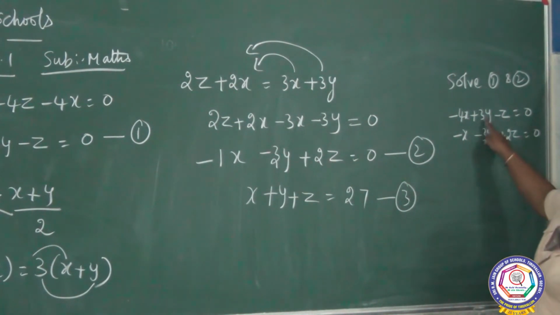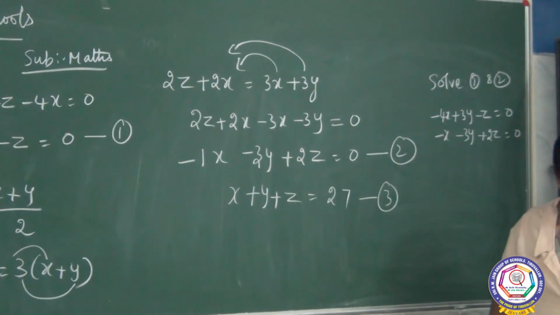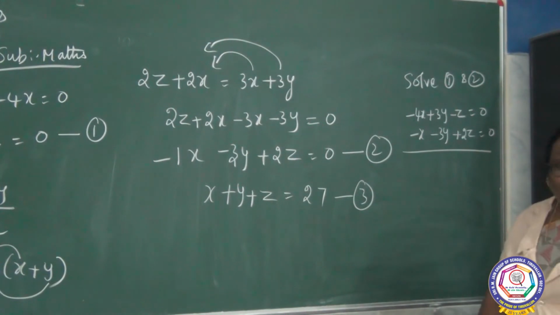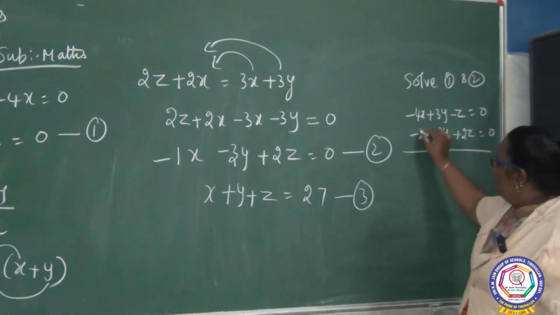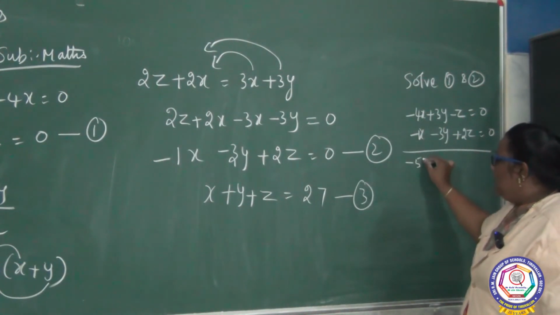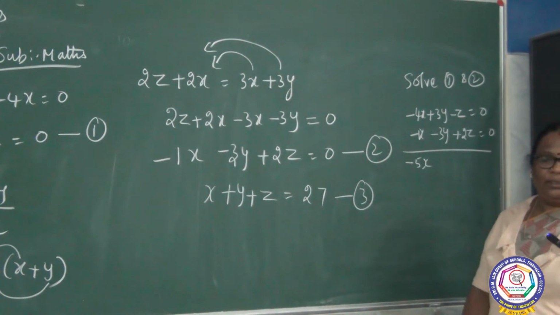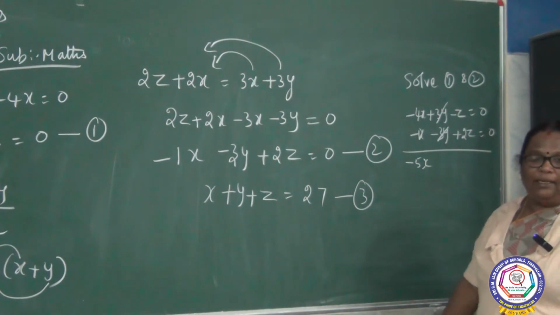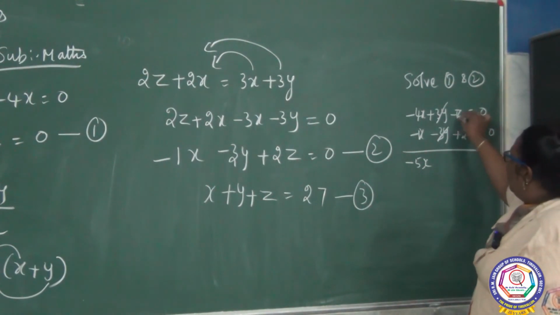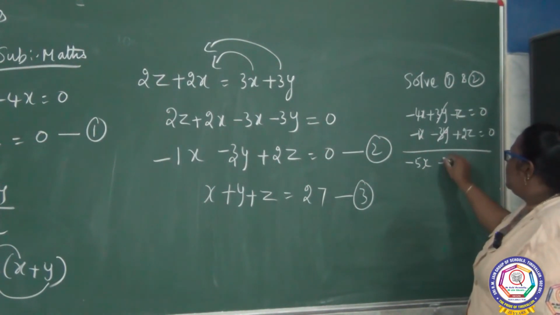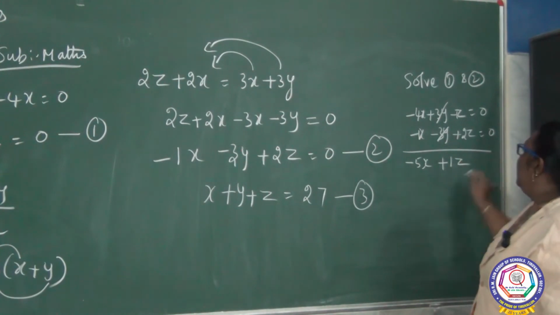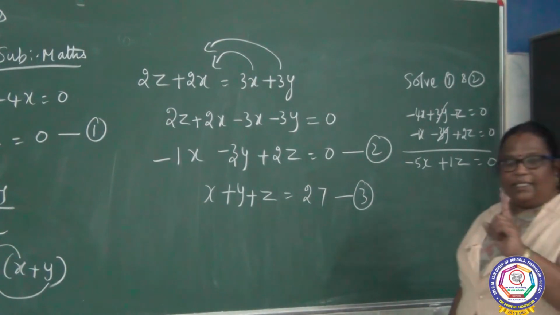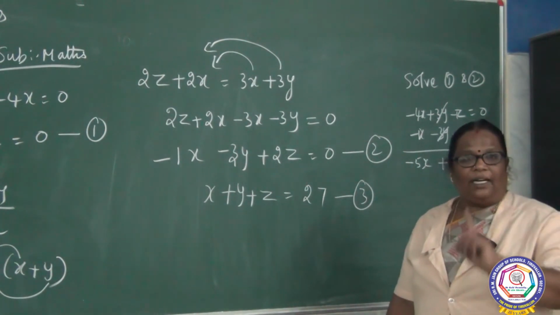See here, 3y and -3y, straight away we have cancelled the term. You can add both the values. -4 - 1 is nothing but -5x. Plus 3y - 3y get cancelled. Then -1 + 2 gives +1z. It is equal to 0. So in the first and second equation we cancelled the y term.